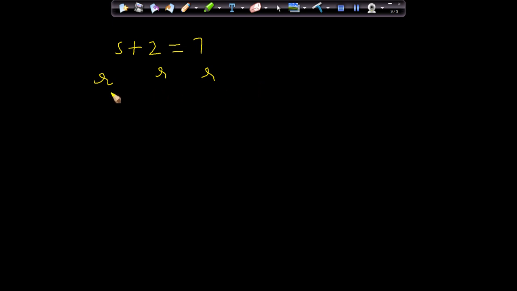I will represent rational numbers with R and irrational numbers with IR. If I add two rational numbers, I'll get a rational number. If I multiply two rational numbers, I'll get a rational number. If I divide two rational numbers, then I'll get a rational number, right?